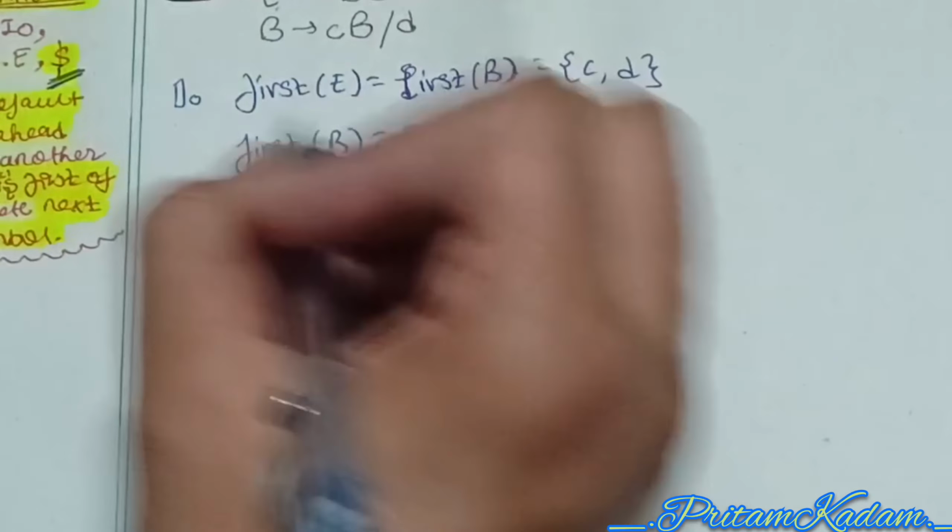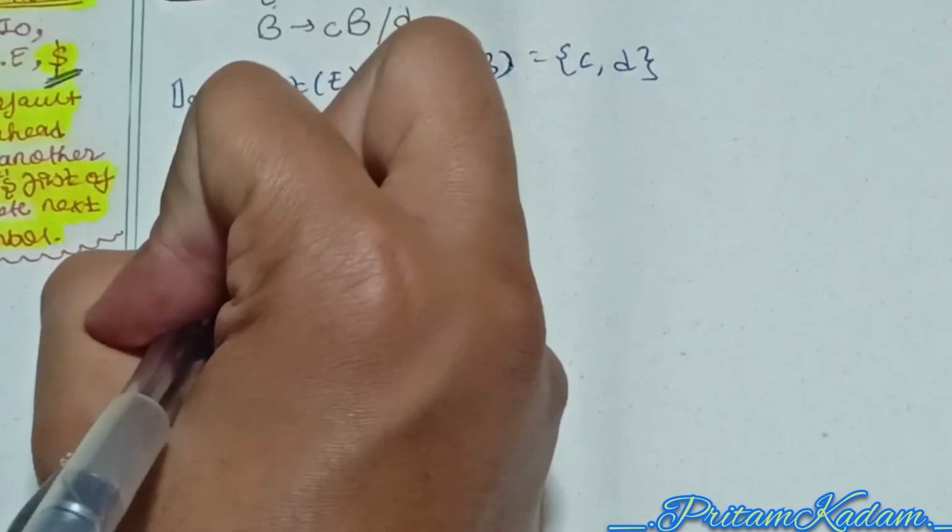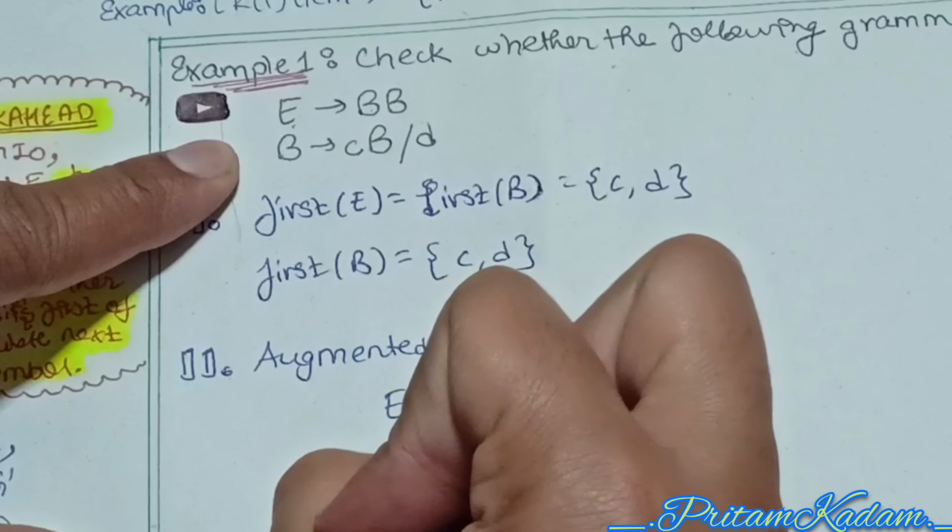Step 2 is the augmented grammar. We just have to make a new production. As we have the starting symbol E, I will have a new starting symbol E dash, which gives E only, and then we will write all the productions.